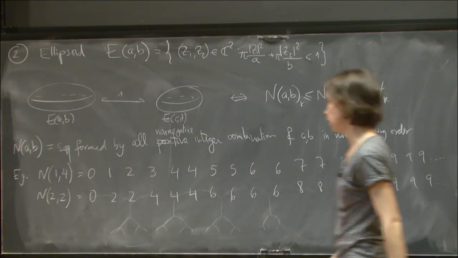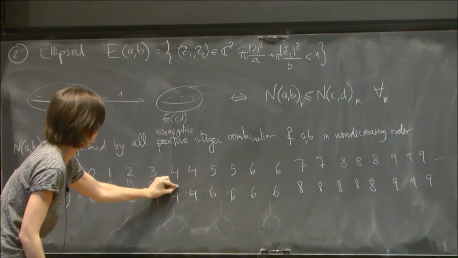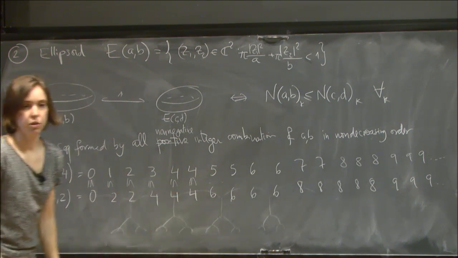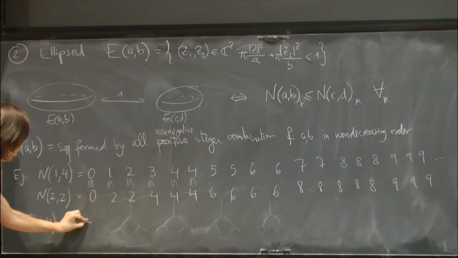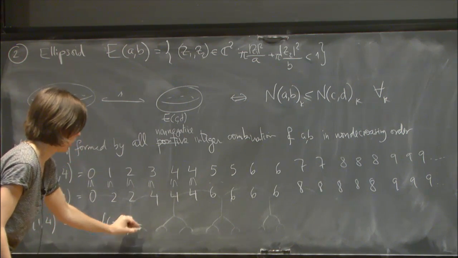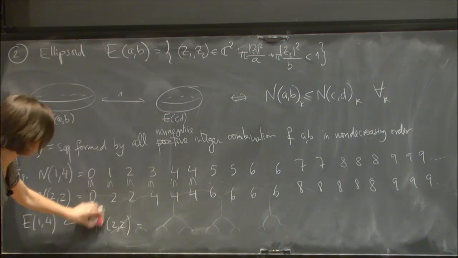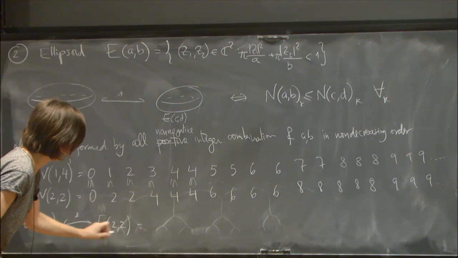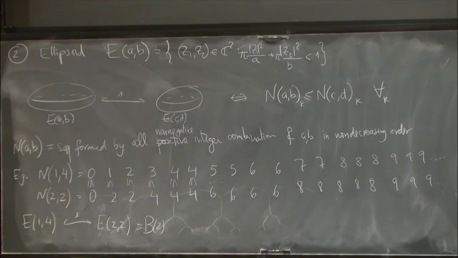And so we can see that the top sequence is always smaller than the bottom sequence. And by this theorem, this means that E(1,4) embeds symplectically into N(2,2), which, by the way, is just the ball of radius 2.